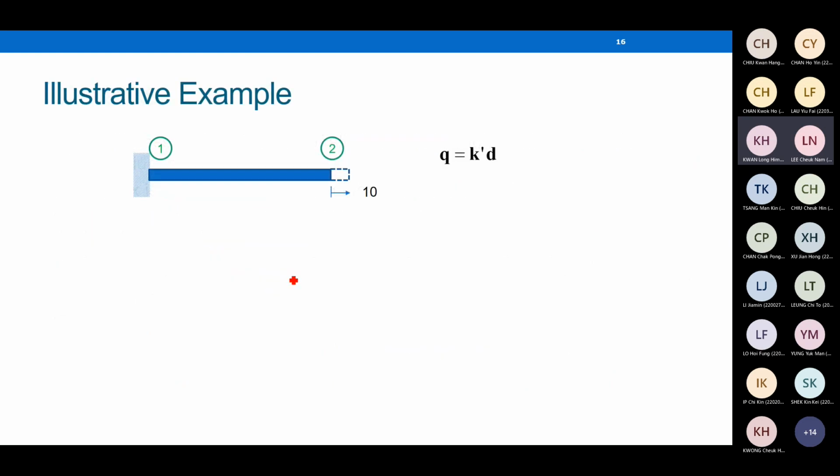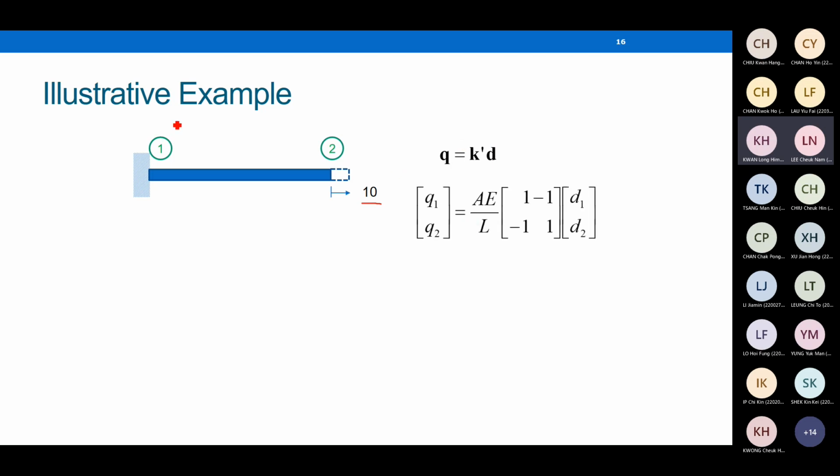One simple illustrative example, to show how we use the equations. This one is very, very simple, just to let you know how to use the equations. Normally, our questions are slightly more complicated, not as simple as this one. So given a single truss member under elongation, the elongation is 10 units. Then what can we get when we use our force-displacement relationship, Q equals K prime D?